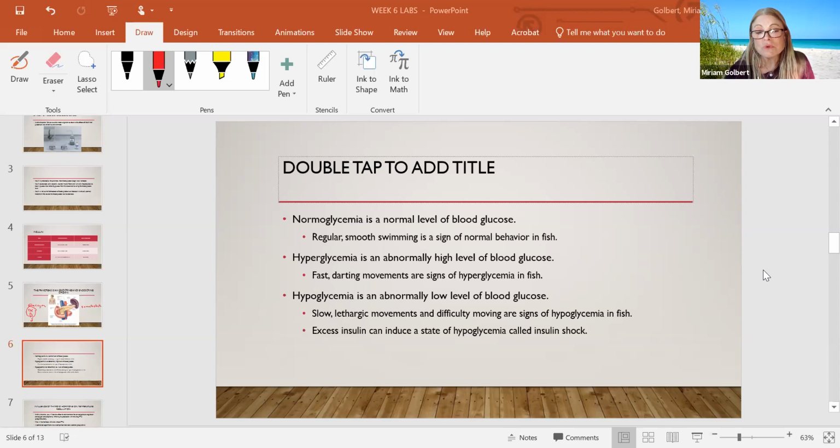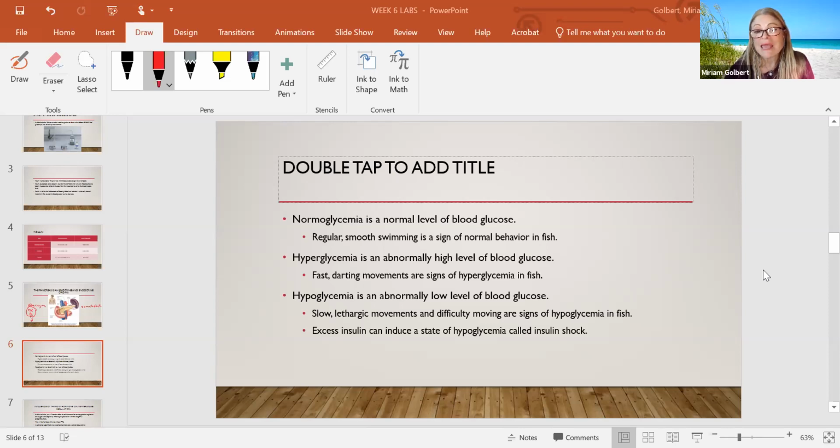Hyper is too high of blood sugar, so the fish will be a little crazy, swimming very, very fast and darting everywhere in the little beaker. And then if the blood glucose is low because of insulin, we're going to have a hypoglycemia, and that's when the fish will be lethargic, not swimming fast, and droopy dorsal fin.